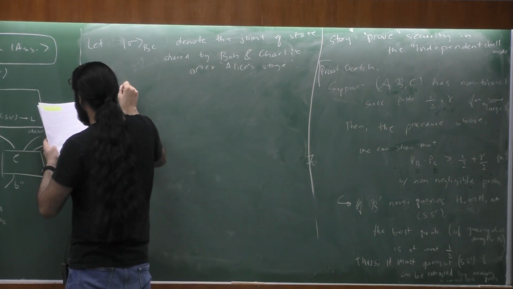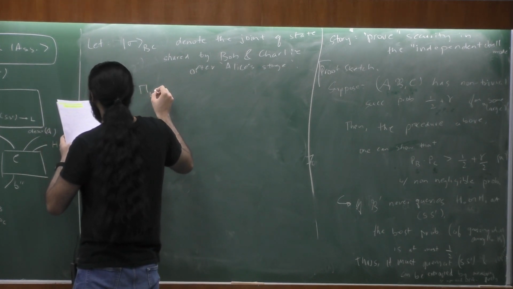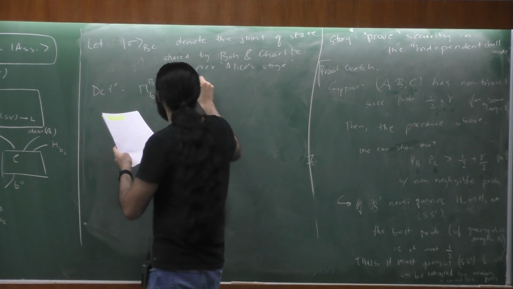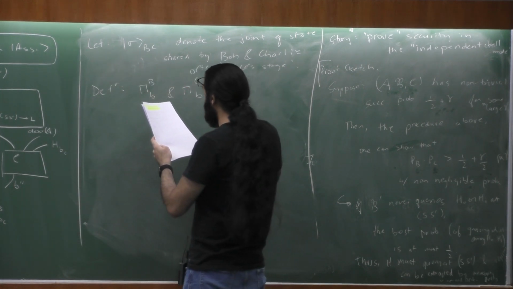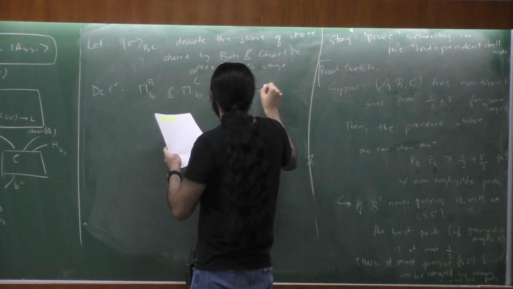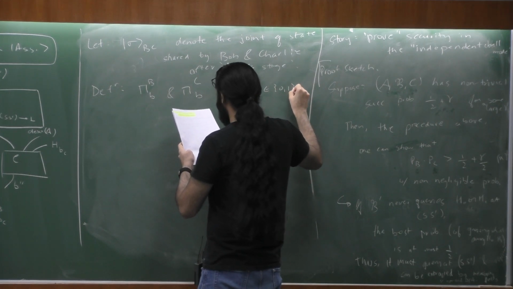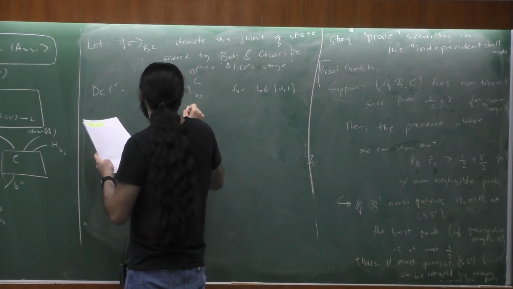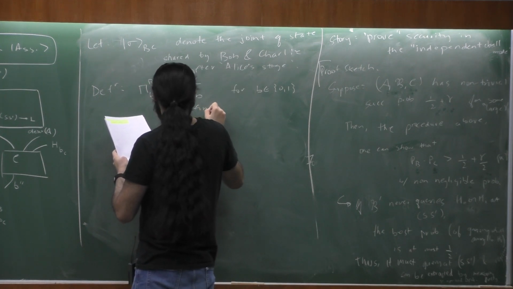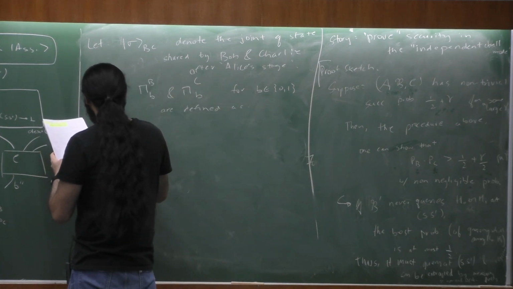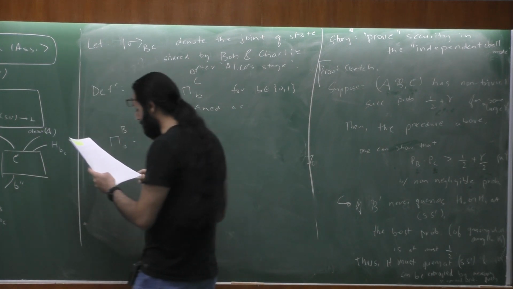Here's a definition. So pi little b and pi little b c, so capital C, for little b in 0, 1 are defined as follows. So pi 0 capital B says what?